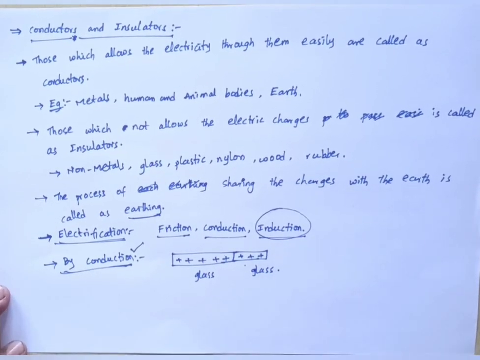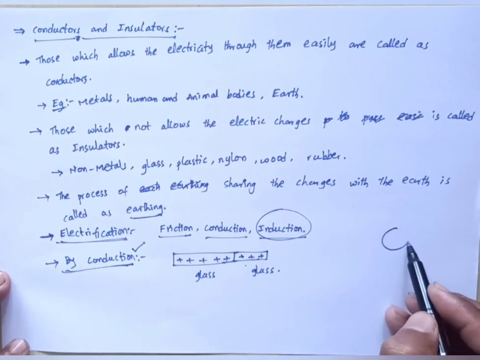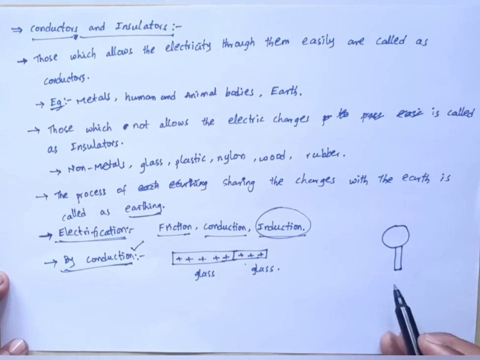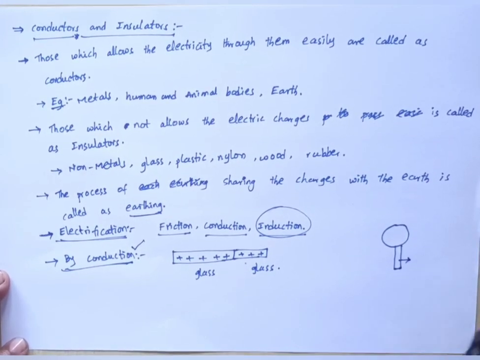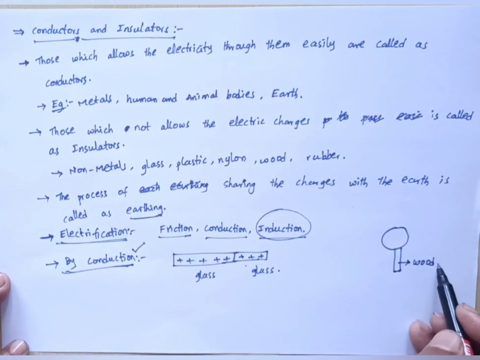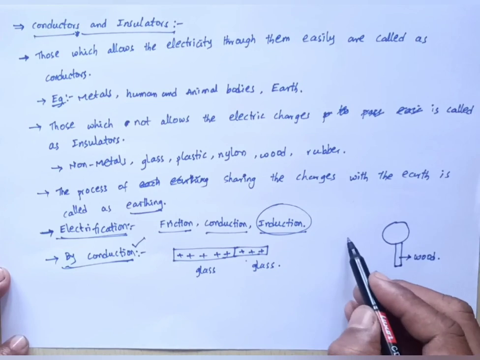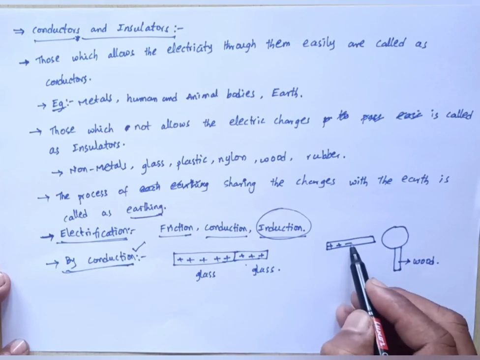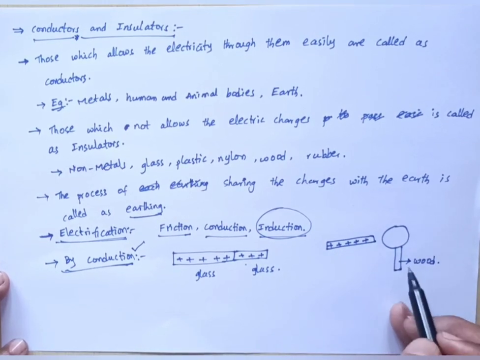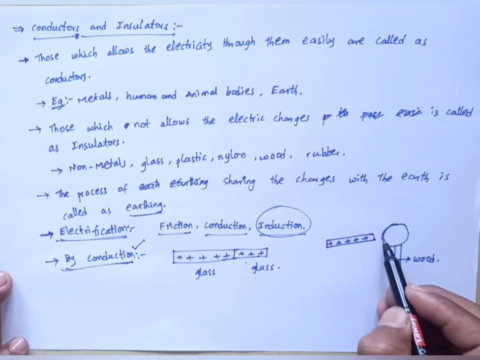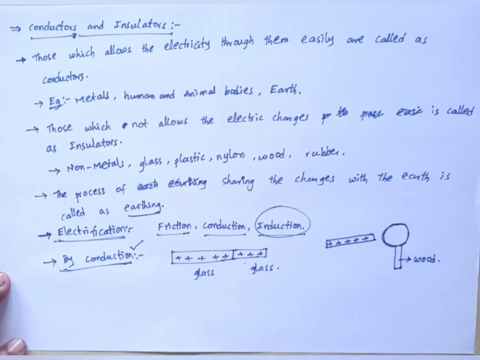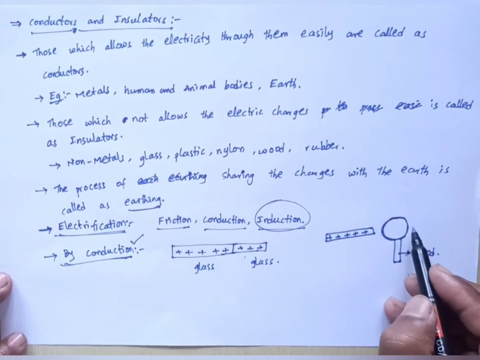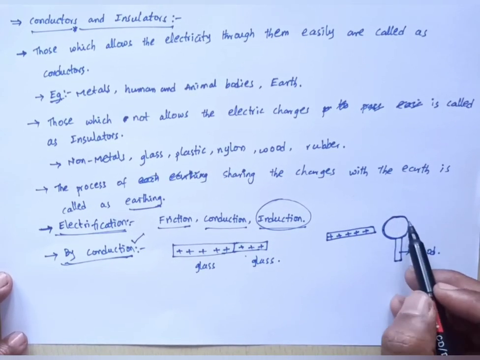Third one, induction. For example, we take a conducting metal ball on a wooden stand, not earthed. Before induction it is neutral, so it has no charge.